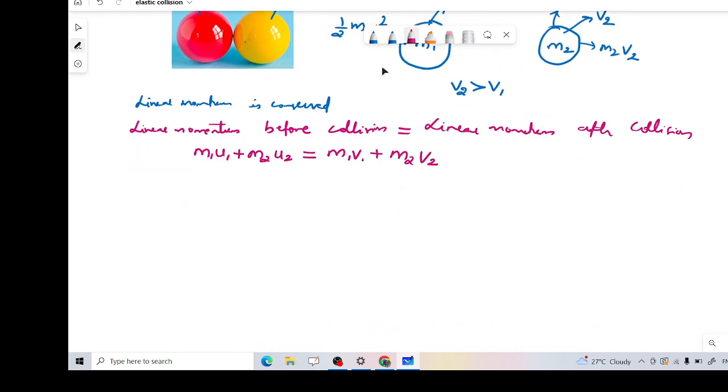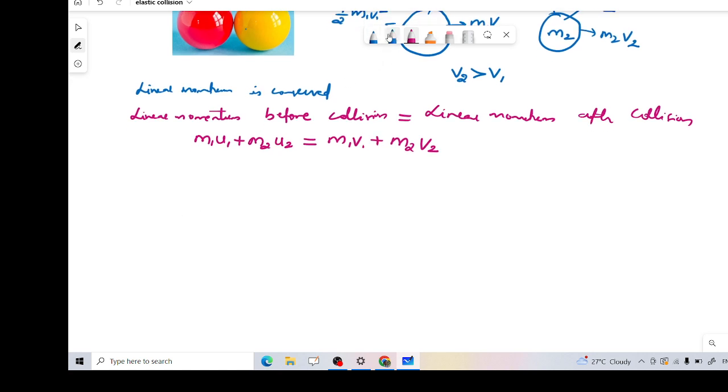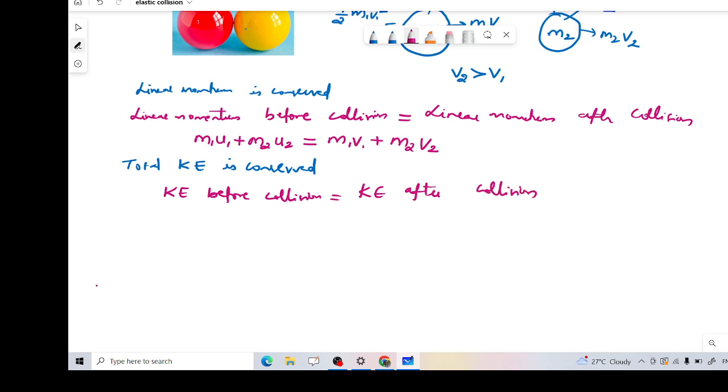Similarly, we can make a statement that the total kinetic energy is conserved in the elastic collision. So kinetic energy before collision is equal to kinetic energy after collision. I am mentioning this as equation number 1.